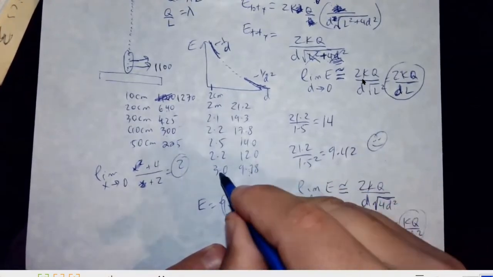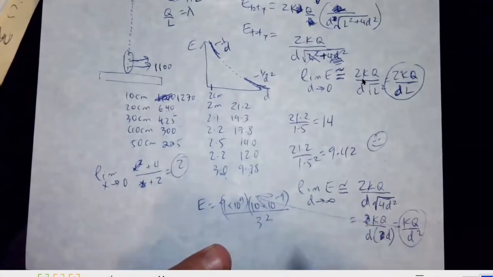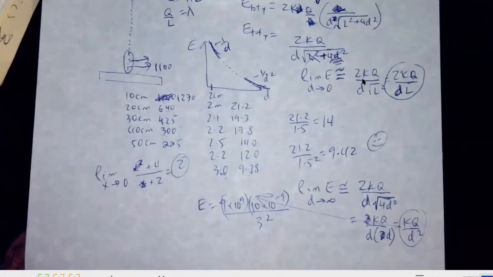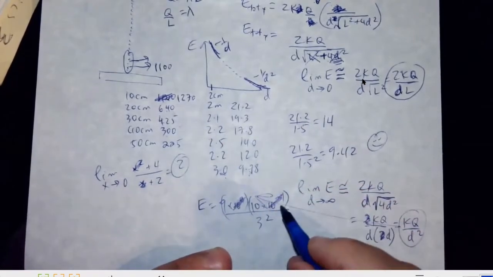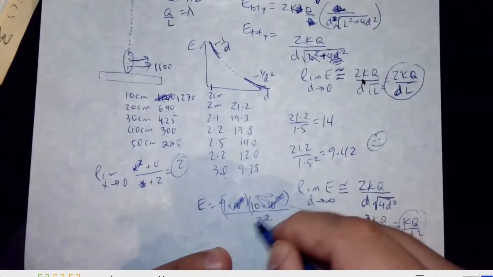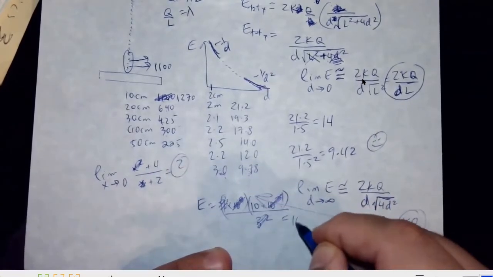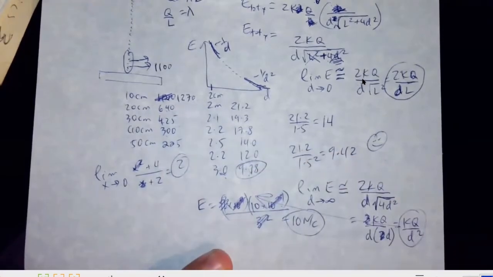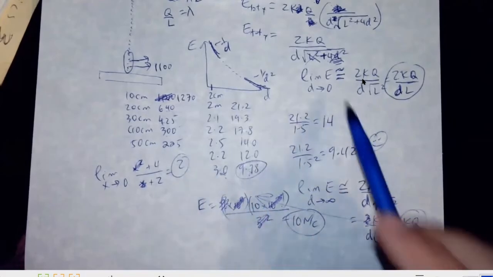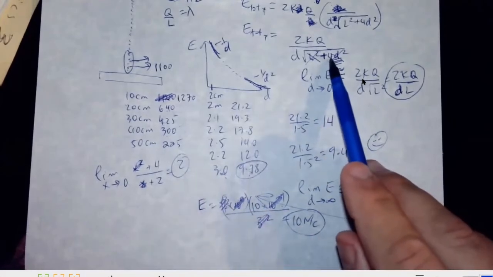Divided by, if I'm 3 meters away, 3 squared. Well, actually, I could do that without a calculator, because this cancels this. 9 cancels 9. Oh, 10 newtons per coulomb, and it's approximately 10. You see? So for 3 meters, I don't need to apply that equation.